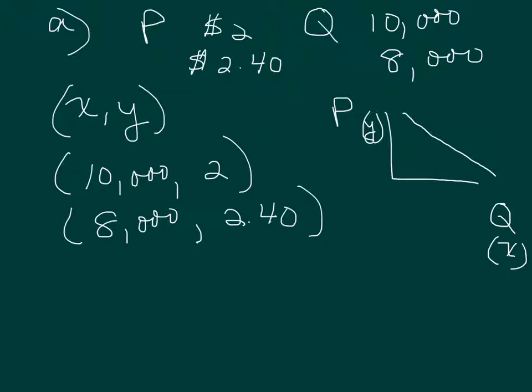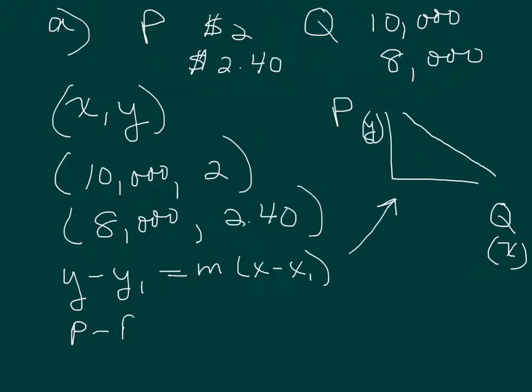Well, the form that we like so much in calculus, because it's easy to work with, is point-slope form. That is y minus y1 equals m times x minus x1. Looking at my chart, let's change this to p's and q's. Remember, our y's are the p's. So our point-slope equation will be p minus p1.